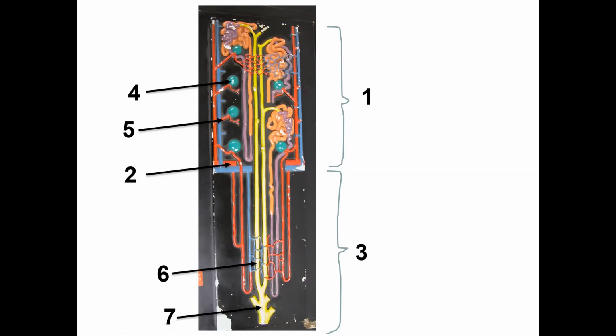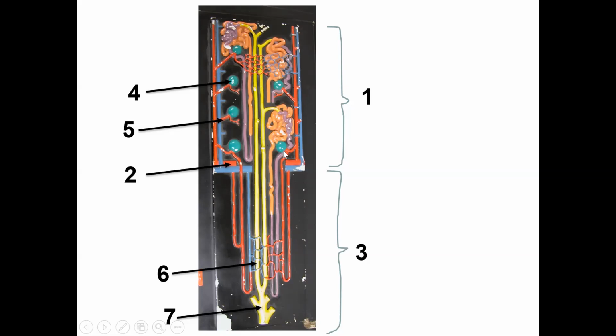Then you can trace the tubular structure. If it's on the opposite side of the arterioles, this orange tubular structure has to be the proximal convoluted tubule. You can see the proximal convoluted tubule extends to become the loop of Henle and coming up.